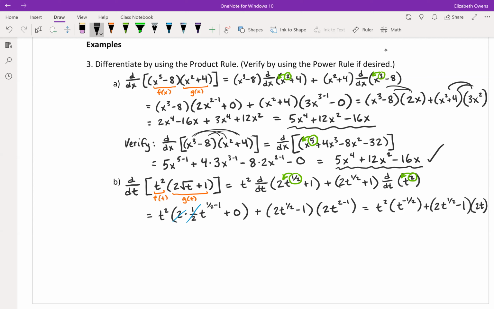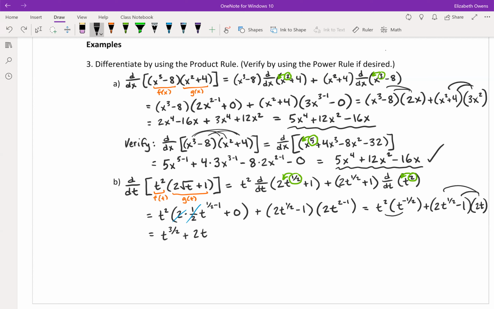There we go. And a little bit of cleanup. Let's multiply these together. So multiplying these together, add the exponents. That would give us t to the 3/2 power and a little bit of distribution here. Plus 2t to the 1/2 plus 1 right there.